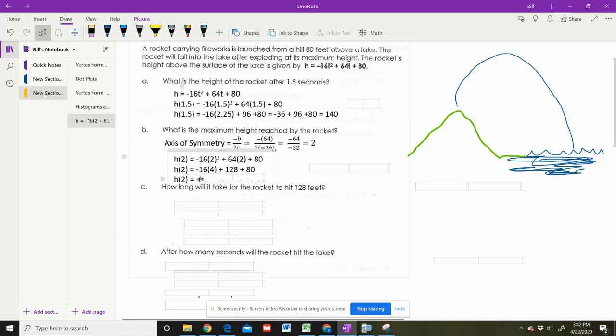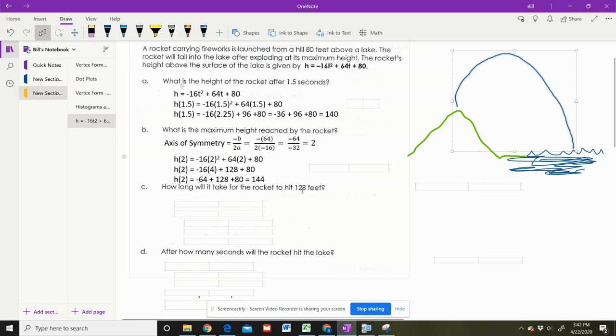Negative 16 times 4 is negative 64, plus 128 plus 80. So we end up with 144. So that means all the way up here where it has that turning point, it's at 144 feet above the water. So that's where our vertex is.